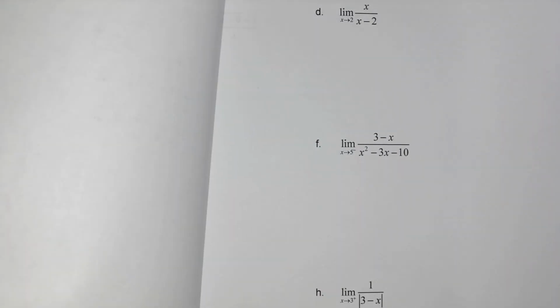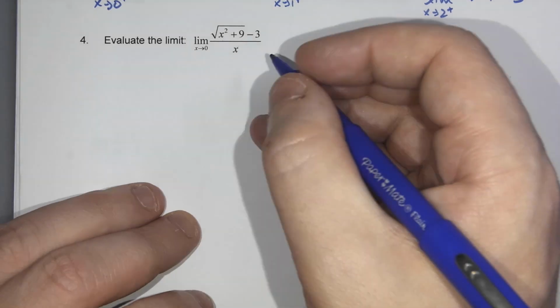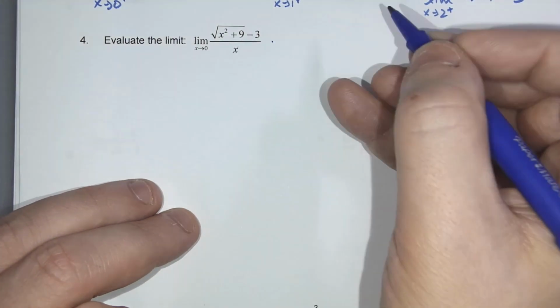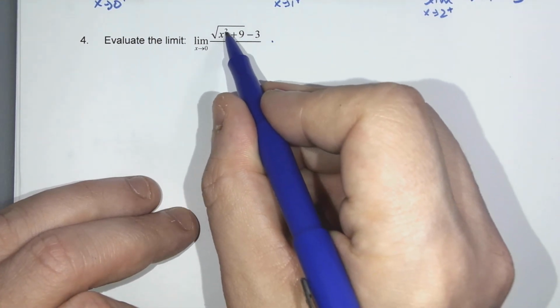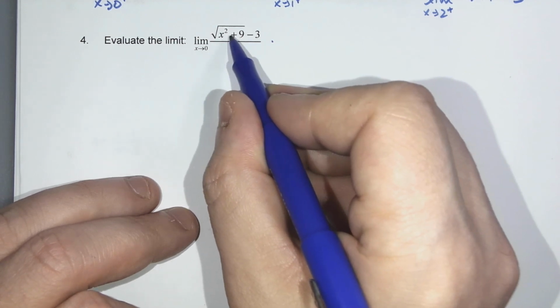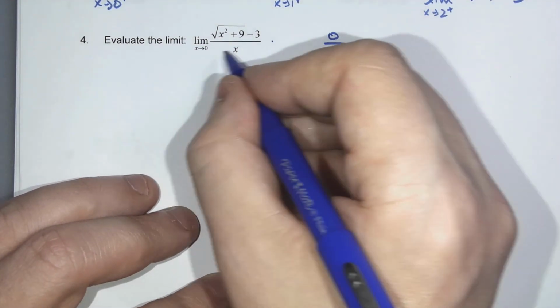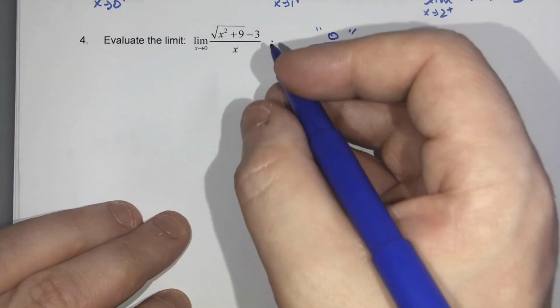Okay, next example, I think that's our last one for today, is evaluate this fancy limit. Let's first stick in 0 and see what we get. 0 plus 9 is 9, square root of 9 is 3, 3 minus 3 is 0, over 0. So this is a do something, we've got to go and do something.